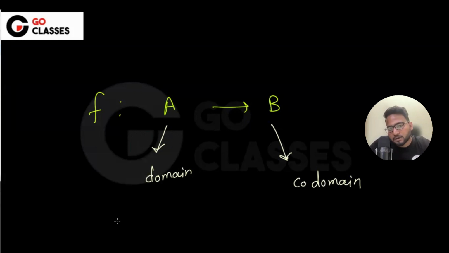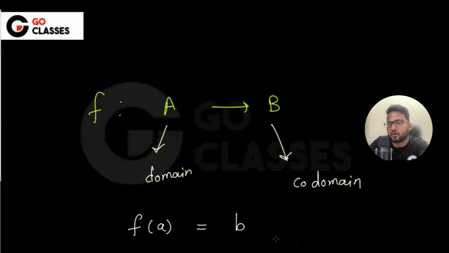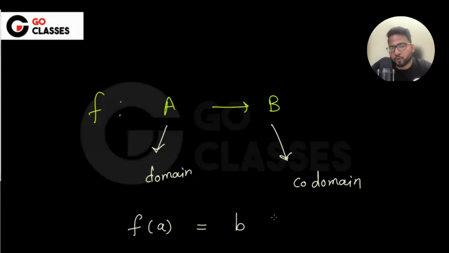And let's suppose there is some element A that is getting mapped to B. If this is the case, then we say that B is an image of A.